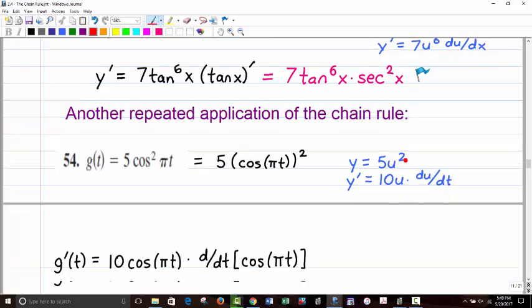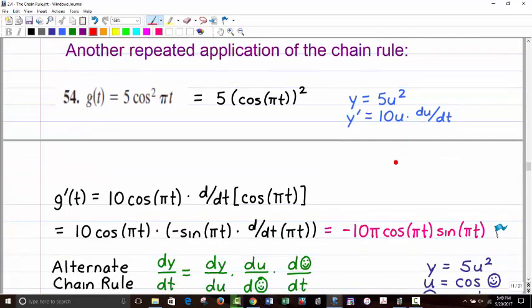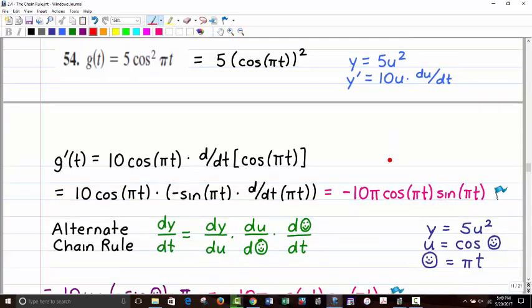All right, here's another one that's a repeated application. I'm just going to go through this one real quick. Bring the 2 down, makes 10. The derivative of cosine of pi t would be negative sine of pi t. And then take the derivative of pi t. So the derivative of pi t would be pi. So it puts a pi out there with that 10.